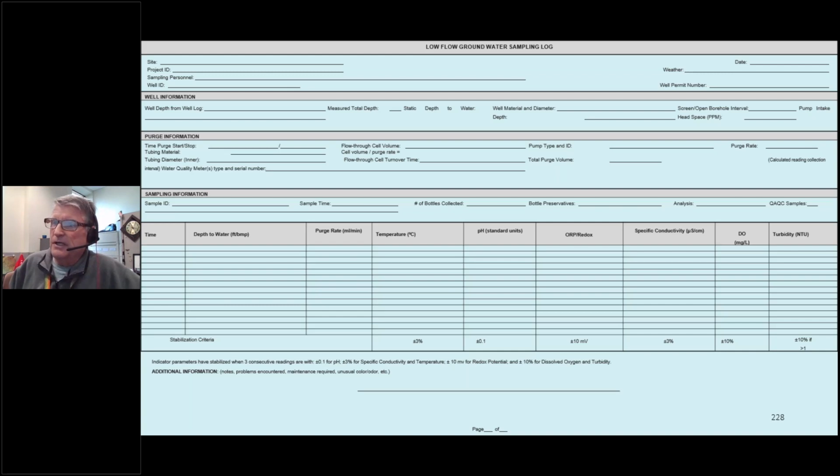And at the bottom section, the sampling log describes the depth, purge rate, and water quality parameters that document the stabilization measurements and confirm stabilization criteria, which is shown at the bottom of each measurement column. The bottom, of course, has a section for any additional information that would be relevant for this particular sample campaign. Next slide.